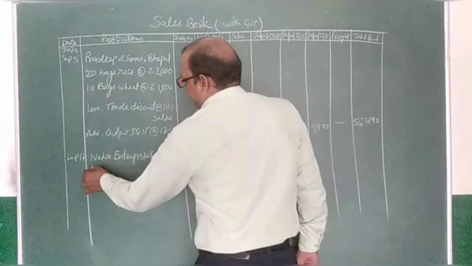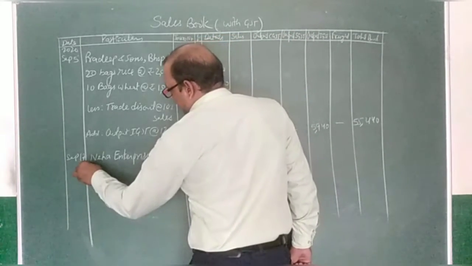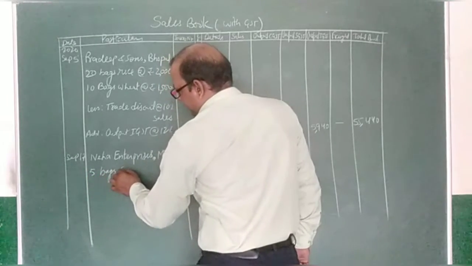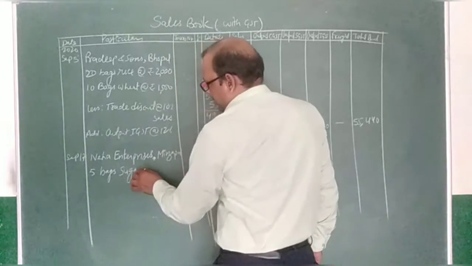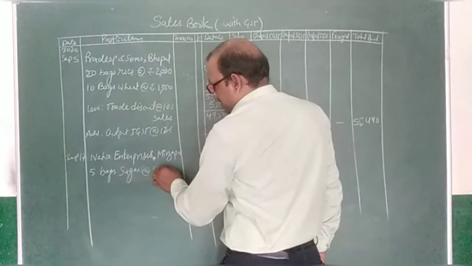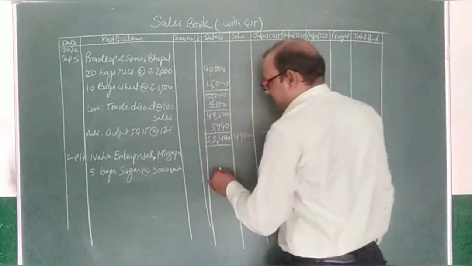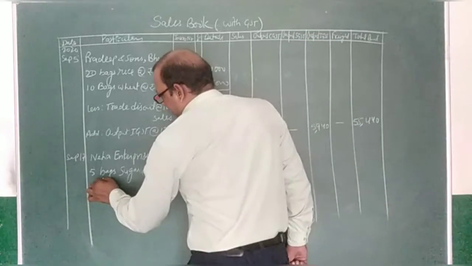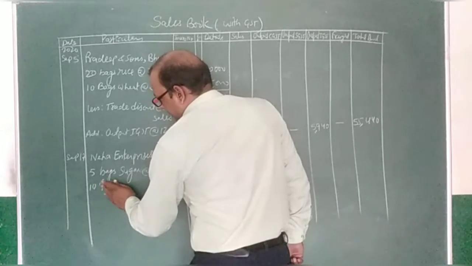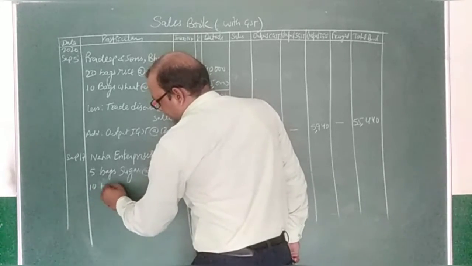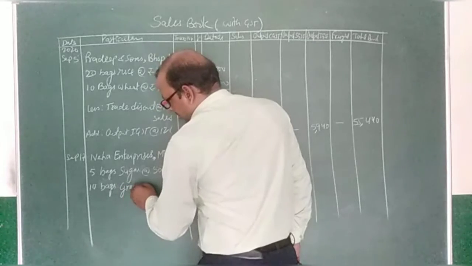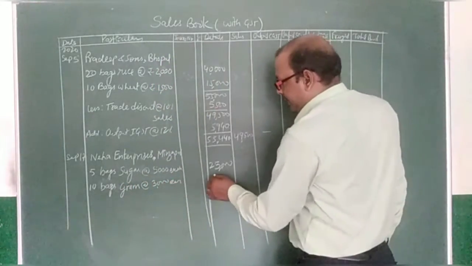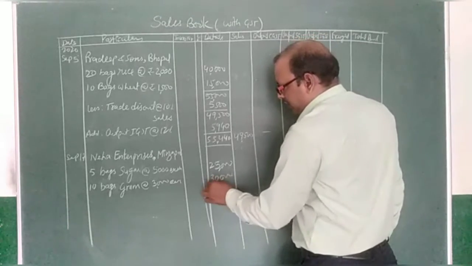What you are going to sell: 5 bags of sugar at the rate of rupees 5,000 each, it will be 25,000. 10 bags of gram at the rate of rupees 3,000 each, so it is 30,000.